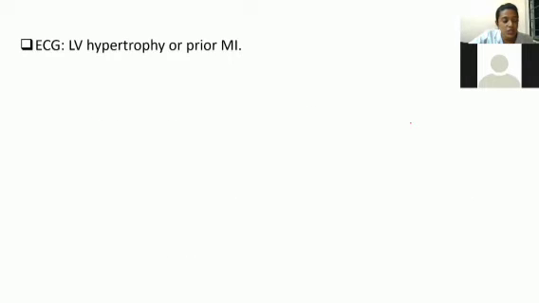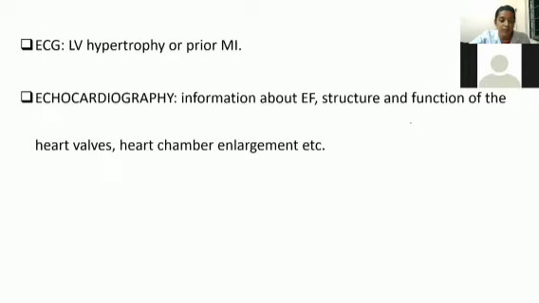Then in ECG, we will check for diagnosis. In ECG, left ventricular hypertrophy or prior MI, we can see. Echocardiography is one of the major investigations. In echocardiography, we will get information about EF. What is EF? Ejection fraction.